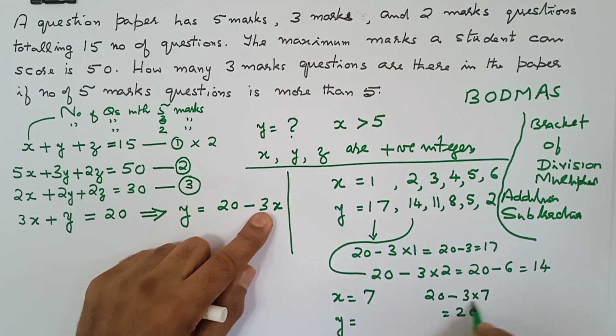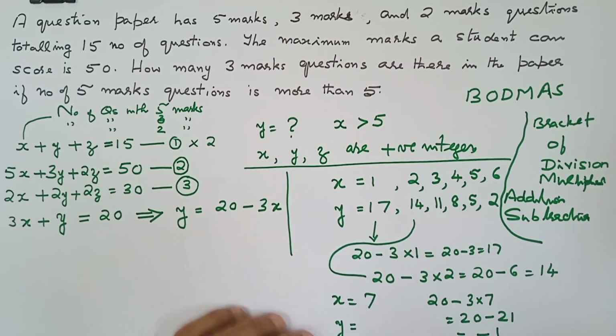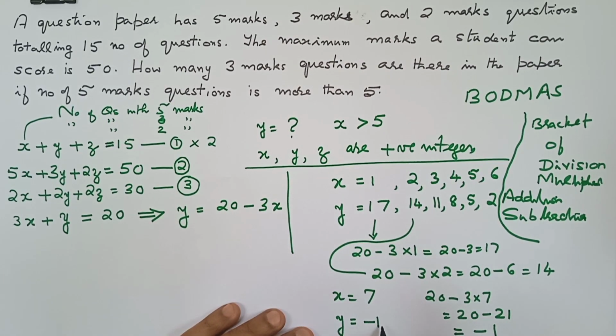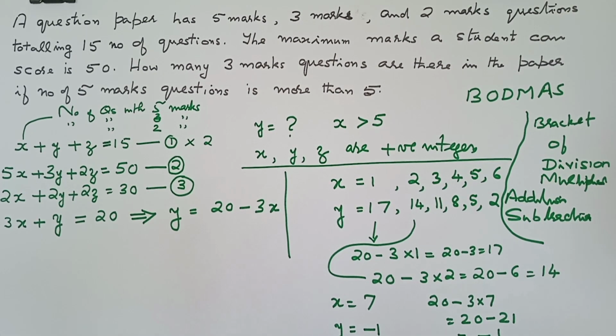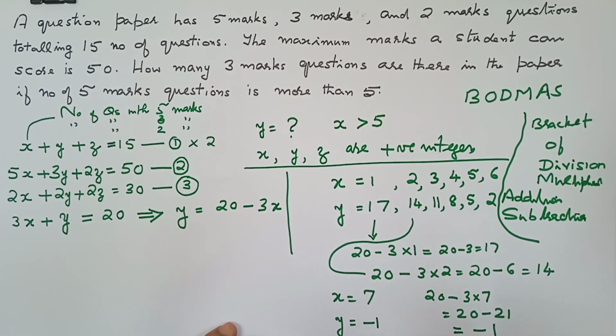So you first do this, 21. 20 minus 21, minus 1. Now, as I said, these variables stand for positive integers. Here you are getting y as minus 1. What does that show? These values are straight away not acceptable, because they have to be both positive integers.